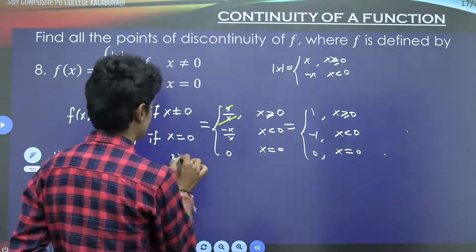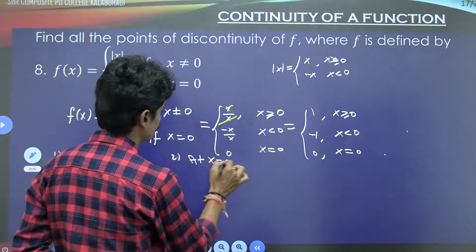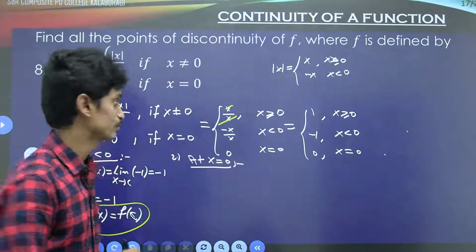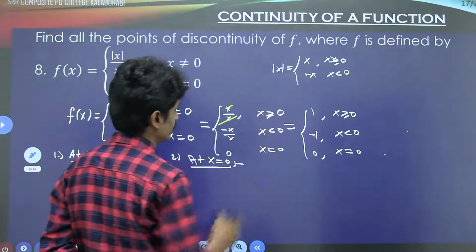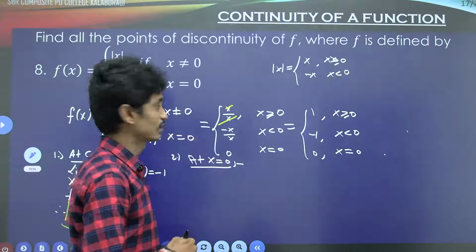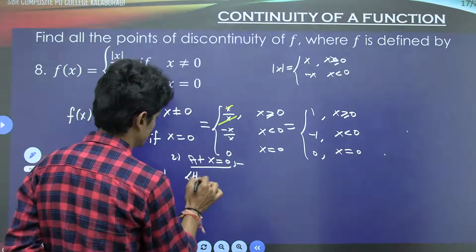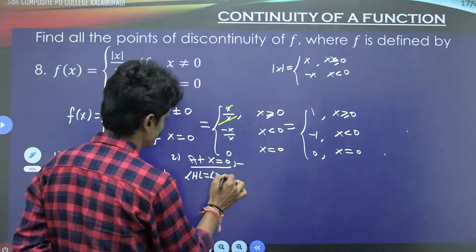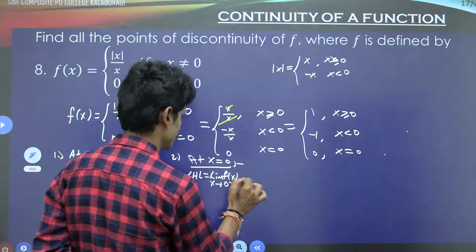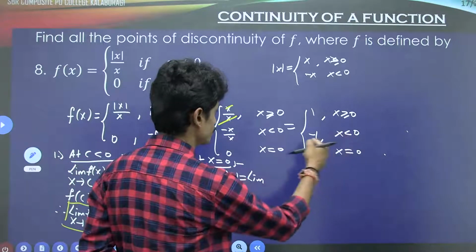And second case, at x equal to 0, or c is equal to 0. Less than 0 and greater than 0 means in the left deleted neighborhood and right deleted neighborhood they have defined the function, so I can write the left limit. The left limit is the limit of f of x as x tending to 0 minus. F of x, what can we choose?